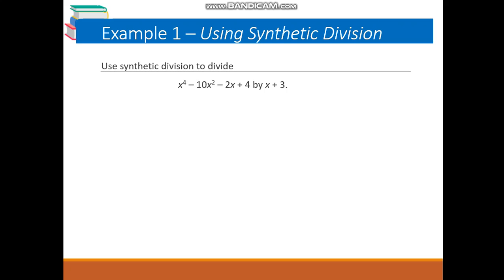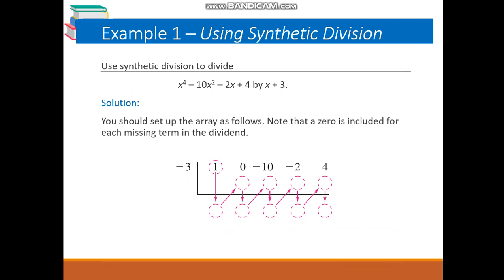So here's an example, and this is a quartic, it's not a cubic. The first step is to write down all the coefficients. Notice that we are missing a coefficient for x cubed. It's just gone, which means it has a coefficient of 0. So this leading coefficient is 1, that's implied.